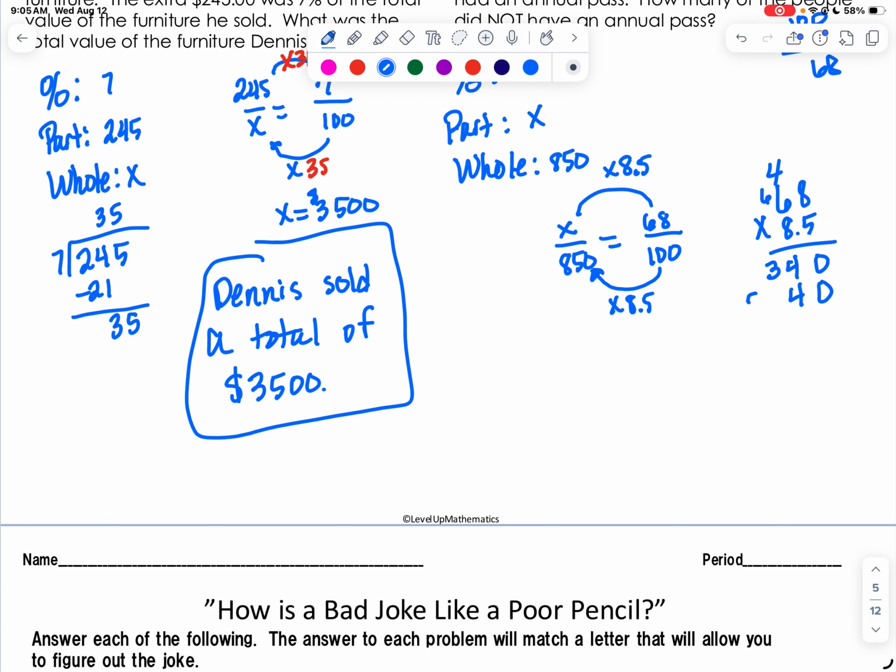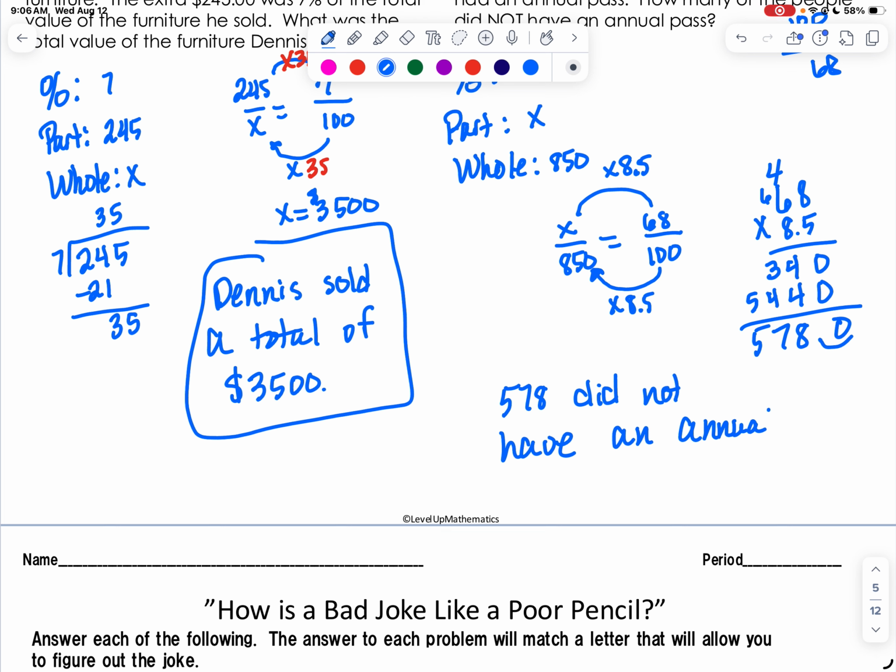And 6, 54. Move my decimal in one place. So 578 did not have an annual pass.